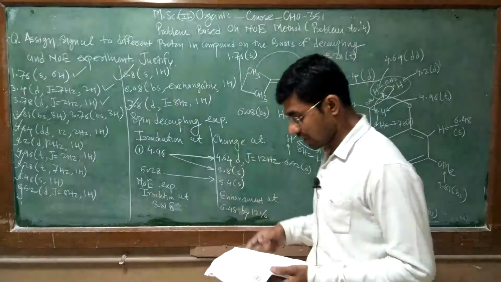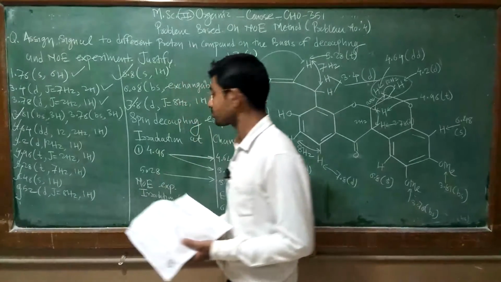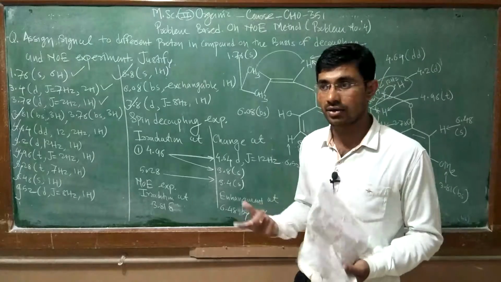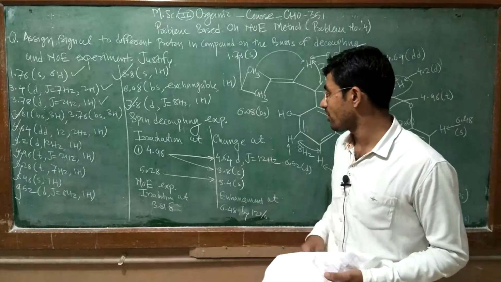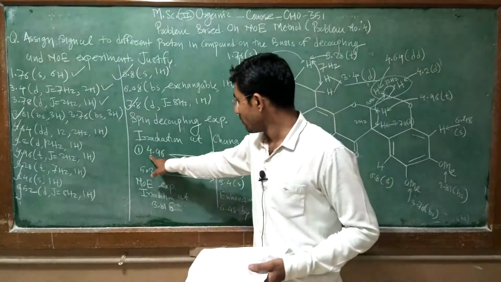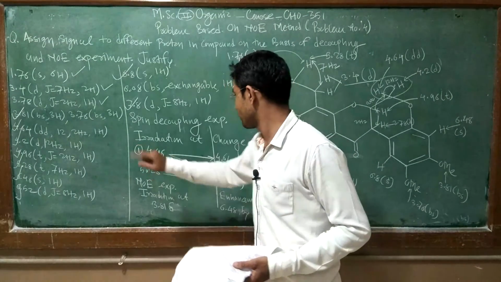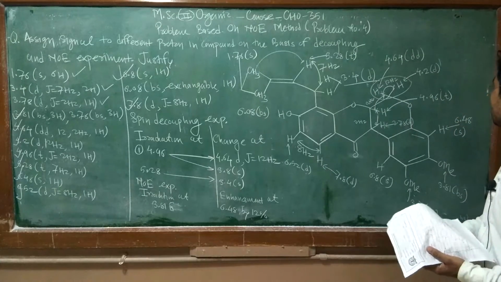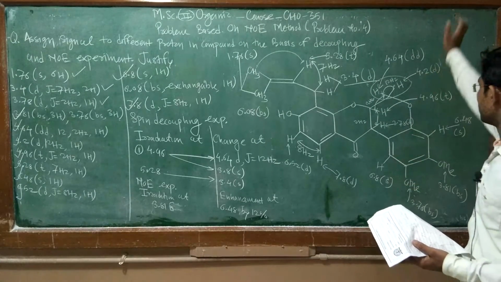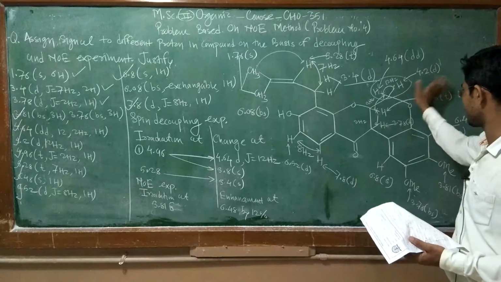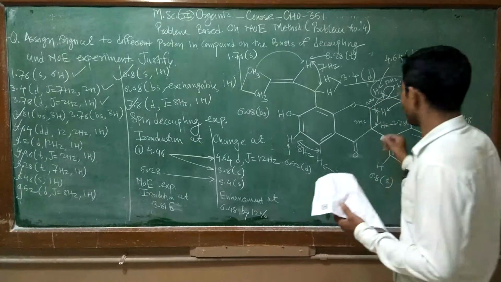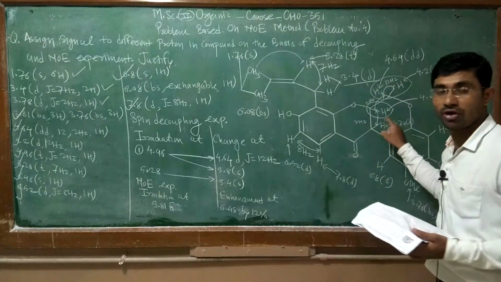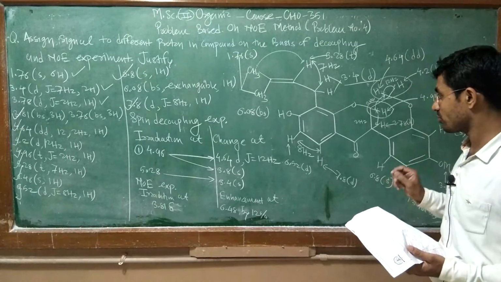After that, with the help of spin decoupling experiments, we have to analyze whether our assignment of signals is correct or not, so we have to justify our answer. Firstly, irradiation at 4.96, meaning this proton. After irradiation of this proton, what happens?